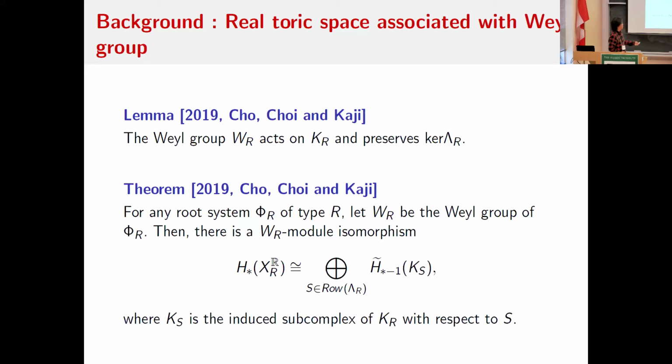Then by this theorem, we can compute the Betti numbers directly without the computation of the whole, very huge toric variety.